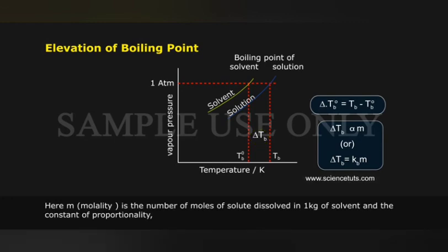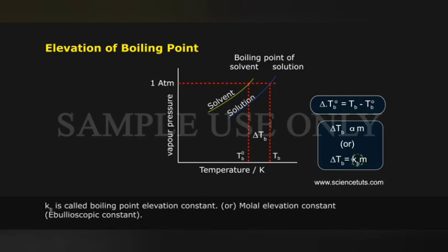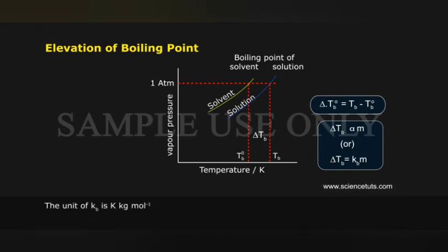Here, m, molality, is the number of moles of a solute dissolved in 1 kg of solvent, and the constant of proportionality, Kb, is called boiling point elevation constant, or molal elevation constant, or ebullioscopic constant. The unit of Kb is kg mol inverse.